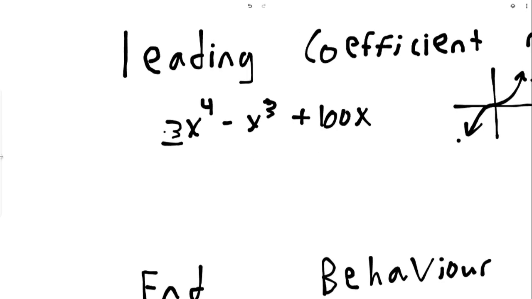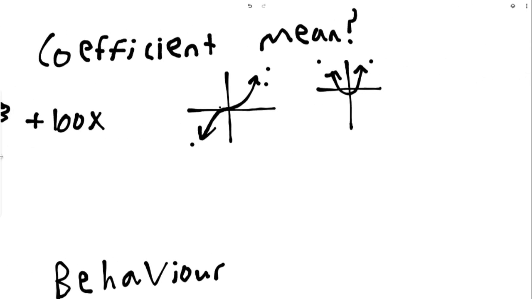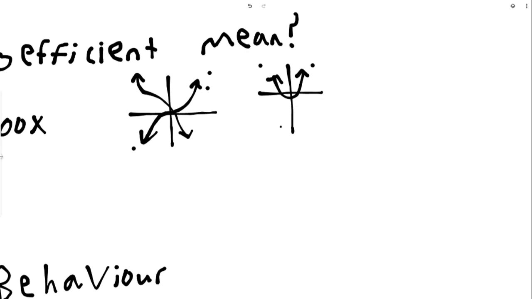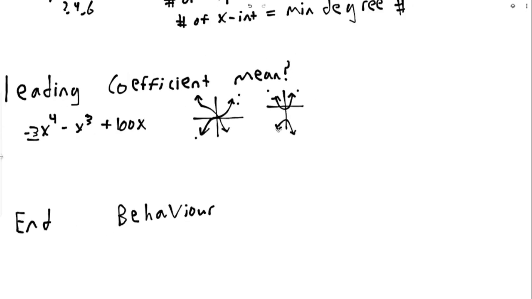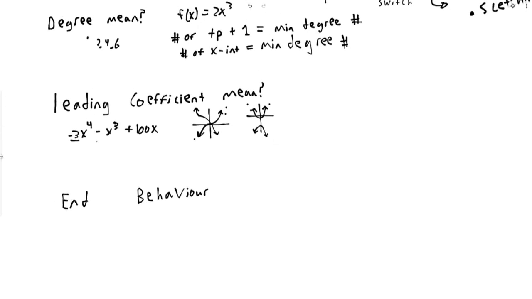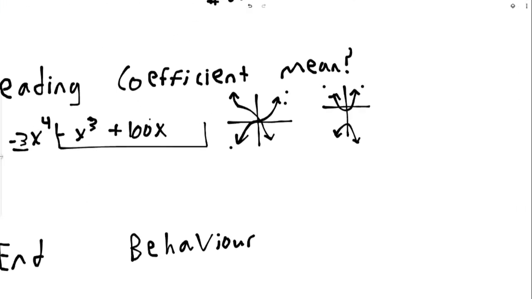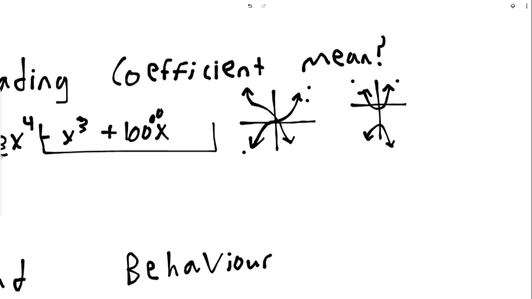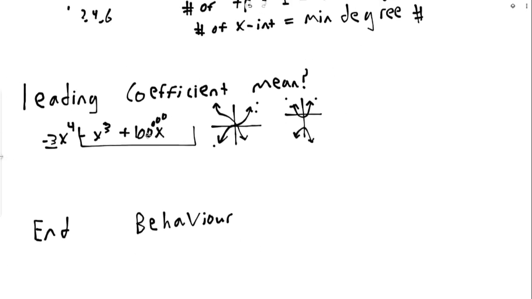If this is negative though, so let's say it's negative 3, then this is going to end negative and start positive. And same with this, they're both going to end negative. It doesn't matter what any of this other stuff is. You could have as many zeros as you wanted on this number here. It wouldn't affect it.